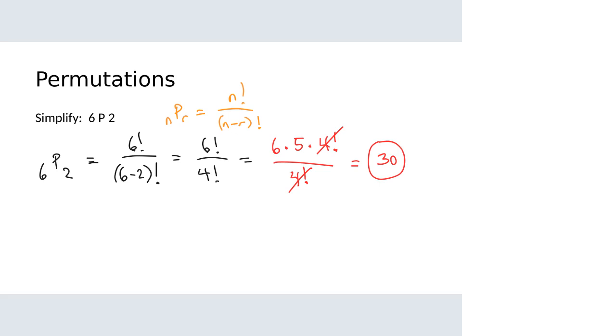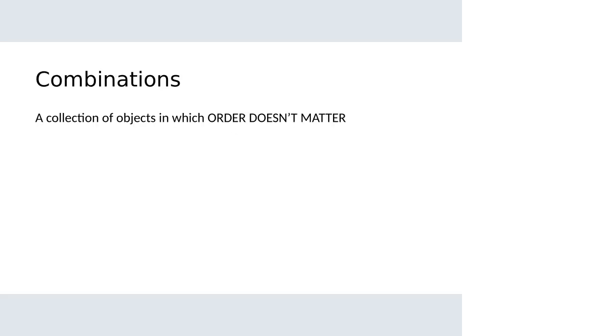All right. We mentioned before that permutations is when order matters. A combination is a collection of objects in which order doesn't matter. Right now, it may be hard to think of when order would not matter. Here's an example. There are 15 students in a classroom, and 5 of them are going to be chosen to stay inside during recess to help clean the room.